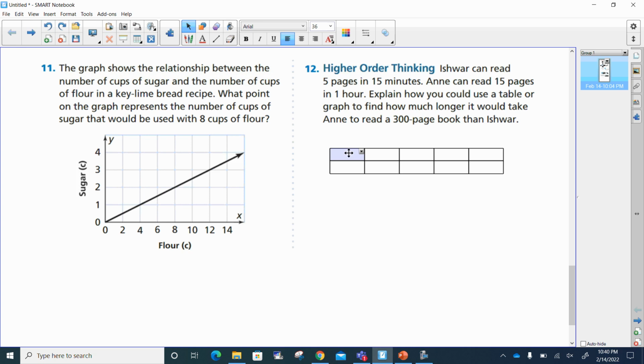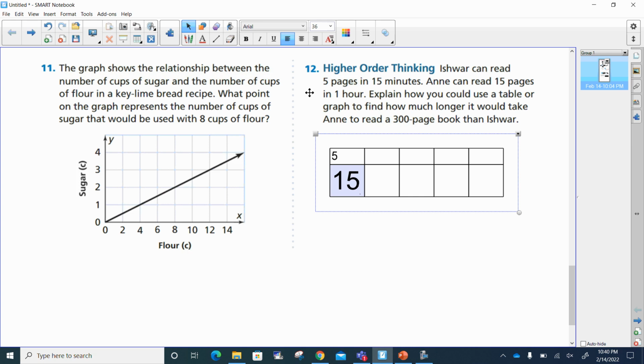Let's make this 5, and we'll make this in 15 minutes, right?